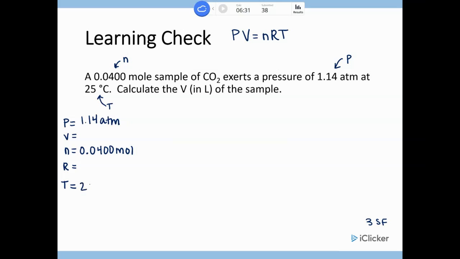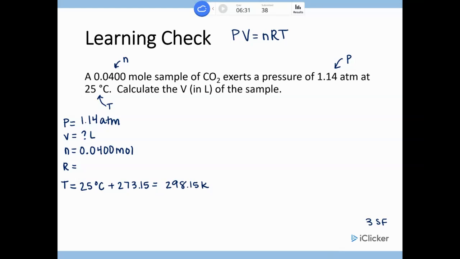Our temperature is 25 degrees Celsius. We need to convert to Kelvin, so we add 273.15, so 298.15 Kelvin. We are calculating volume, so some value in liters for volume.